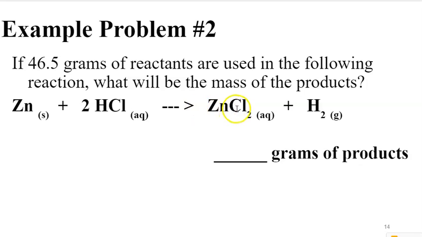That means you also have 46.5 grams on the right side because each side is equal. Reactants are always on your left. We have 46.5 grams on the left. We have to have 46.5 grams on the right as well. The products and the reactants are equal. So this answer is also 46.5 grams. Simple.